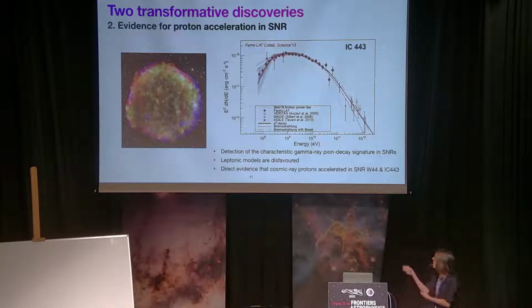The other big discovery was the long-sought proof that supernova remnants can accelerate protons. And this was through the measurement of what we call the Pion Bump. As I mentioned, the most frequent way in which you can produce photons from proton-proton interactions is through the decay of neutral pions.